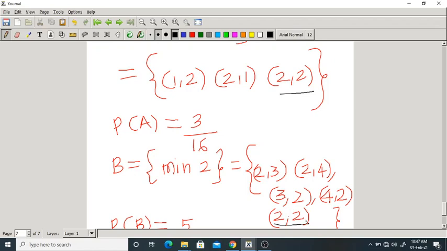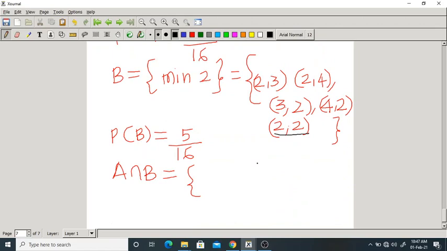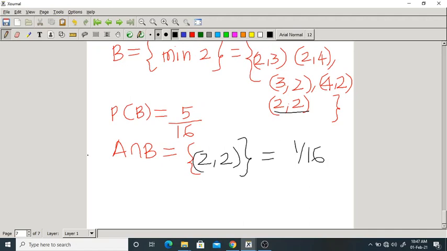Any other common elements? 1 2 is not there, 2 1 is also not there, only 1. What is that? 2 comma 2. What should the probability of this be? 1 by 16.